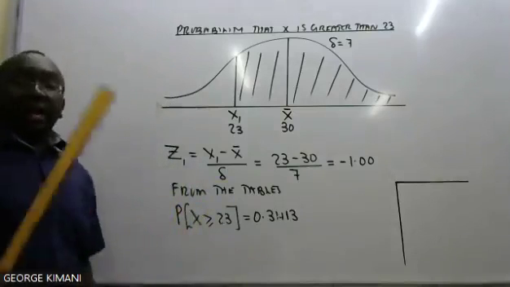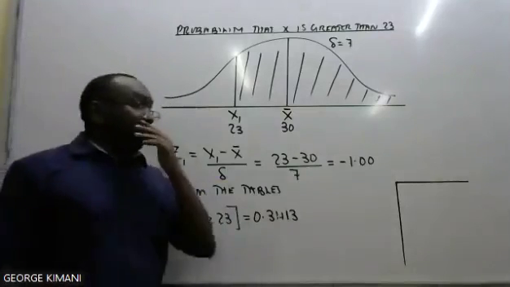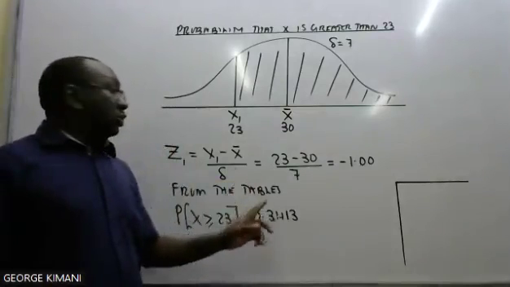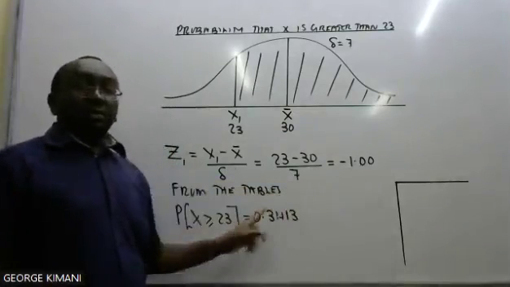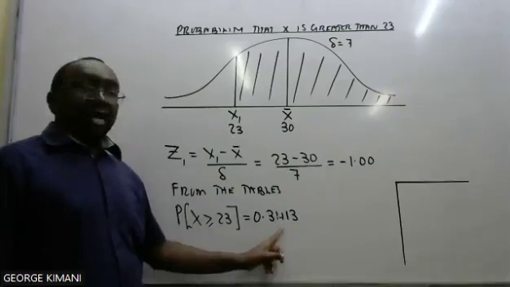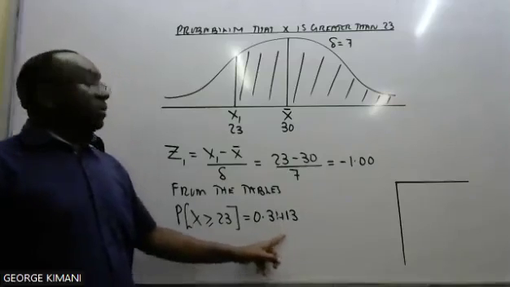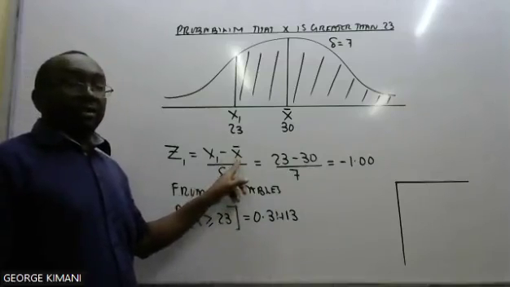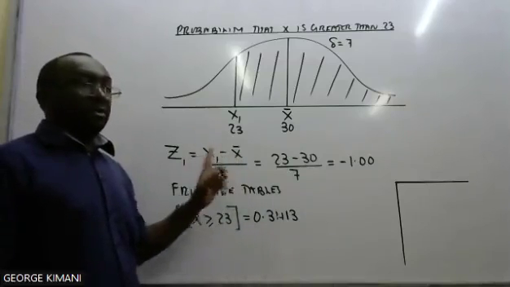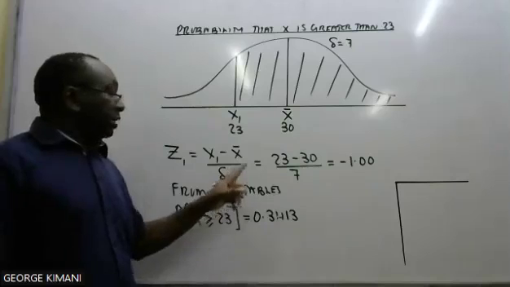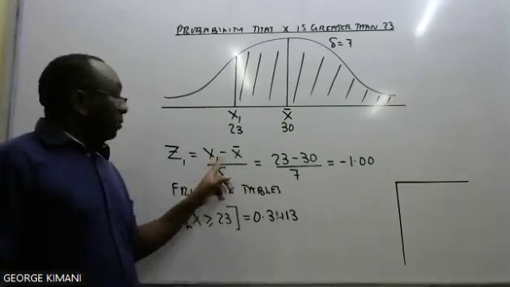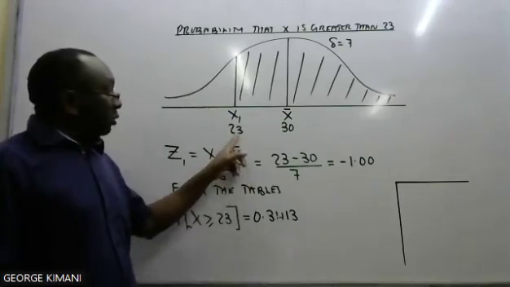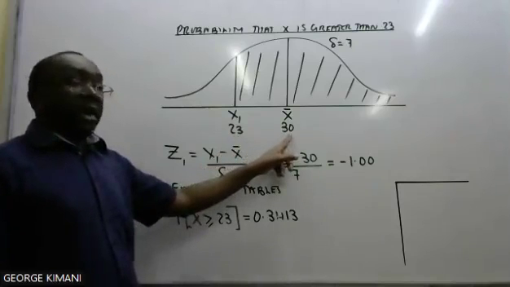Okay. The other thing, I have told you and we have written, when you use this value of z to go to the tables, this probability that you get is for the interval between x and x bar. That is something you must never forget as long as you're in the normal tables. It is the probability from here to here. So the probability from 23 to 30.